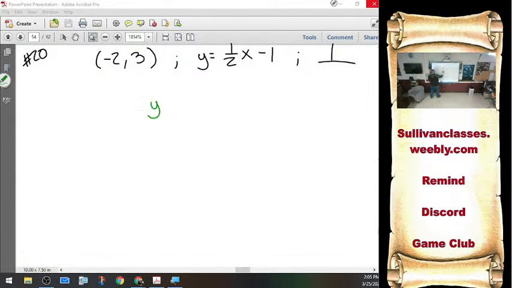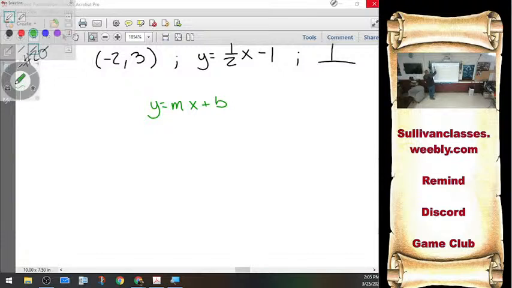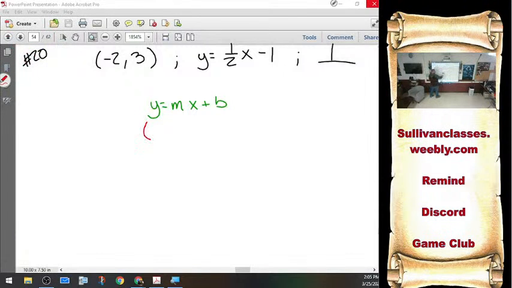So we start with y equals mx plus b. Well, I have a y, I have an x, I need the m. And the m depends on whether they ask me to do parallel or perpendicular. They asked for perpendicular, so off to the side here I'm just going to say 1/2 is perpendicular to who?